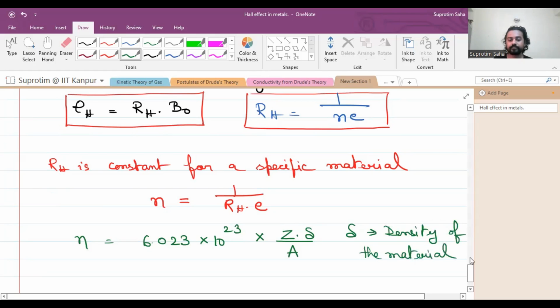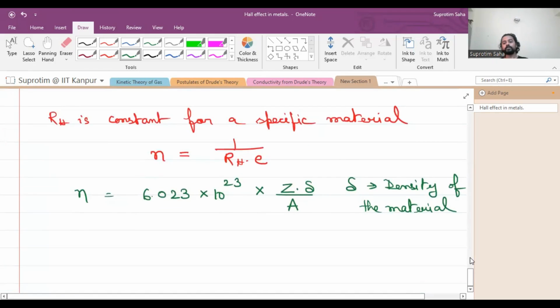So this was what we learned in earlier lectures. You can compare whether this formula was a real good estimate, because from experiments you can directly know the number density of the charge carriers in the material concerned. So you can make a comparison between these two.